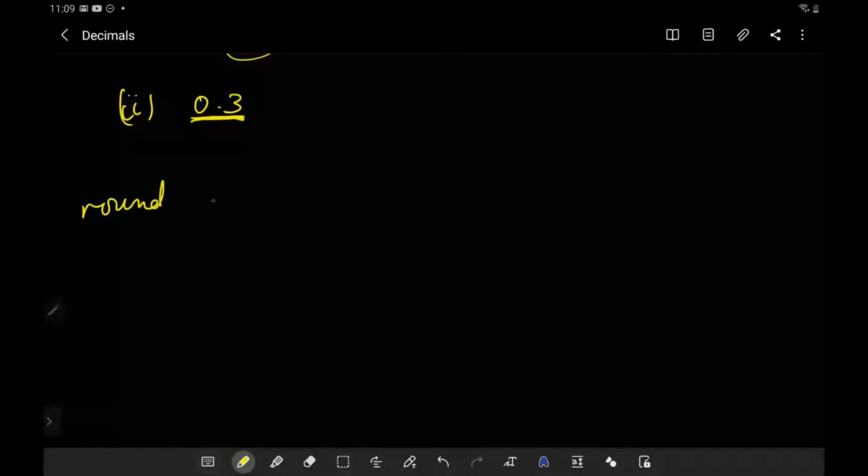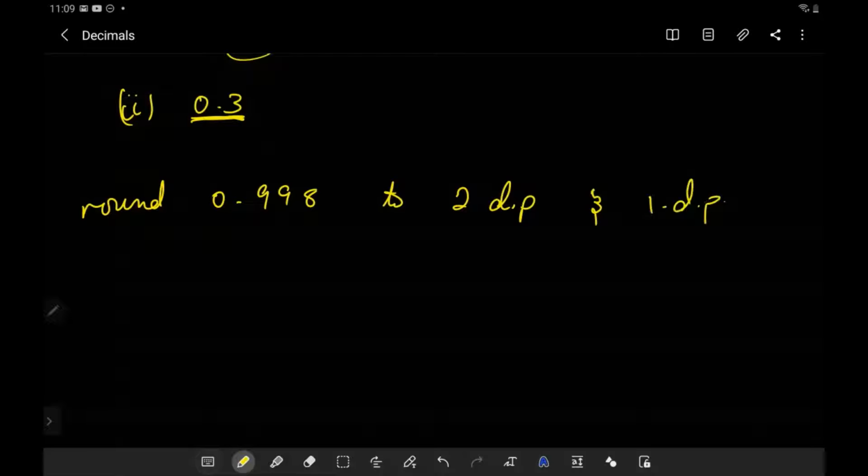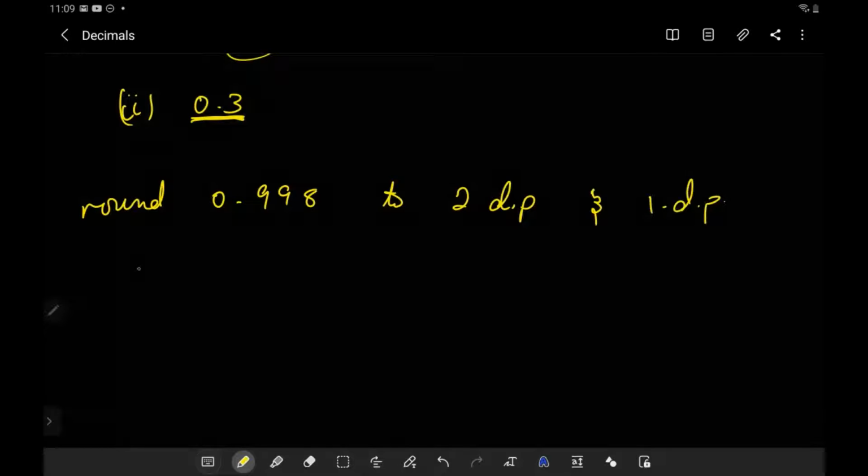All right, look at this example now. Round 0.998 to 2 decimal places, and the second part is 1 decimal place. Right, so the first one, 2 decimal places, which number are you looking at?